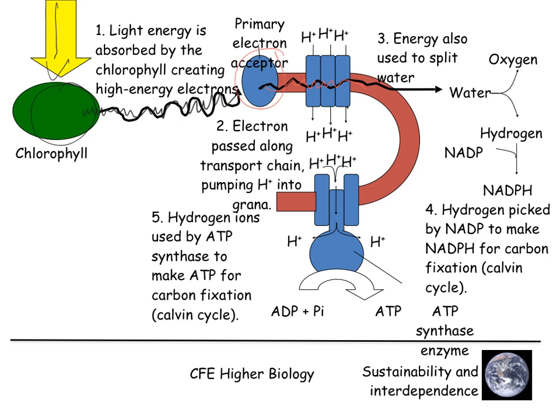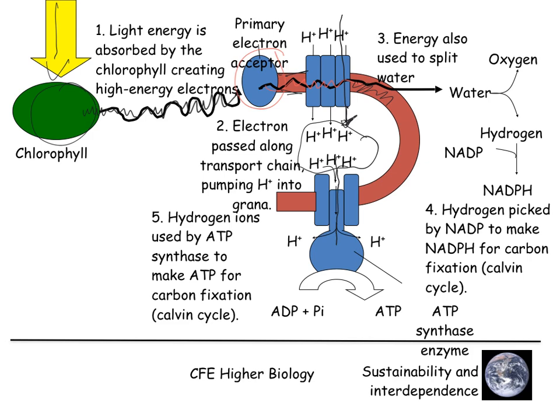This reddish colour here depicts the membrane of the grana, and the hydrogen ions end up being pumped through into the inside of the grana. When they're inside, they build up in a high concentration, and then the hydrogen ions pass through and out of the grana, and when they do that, they pass through ATP synthase.